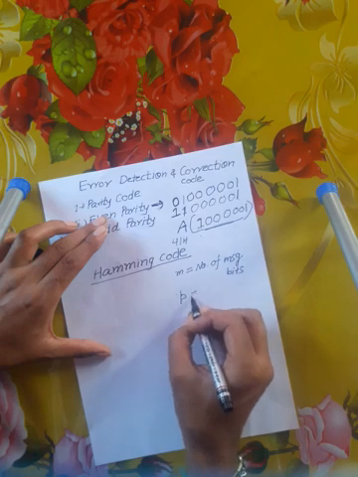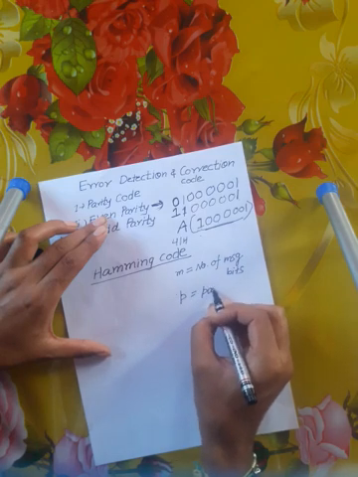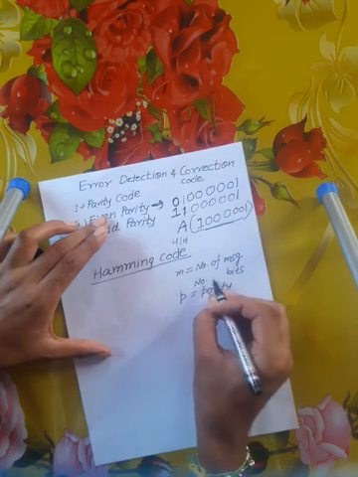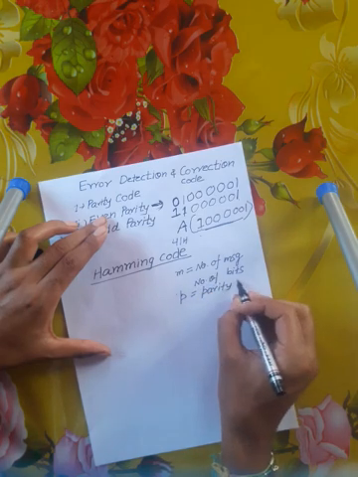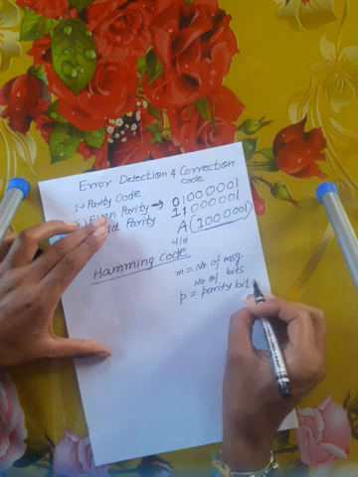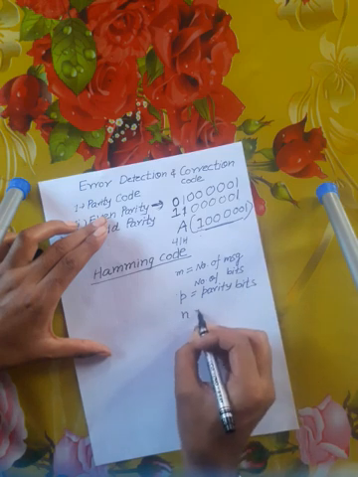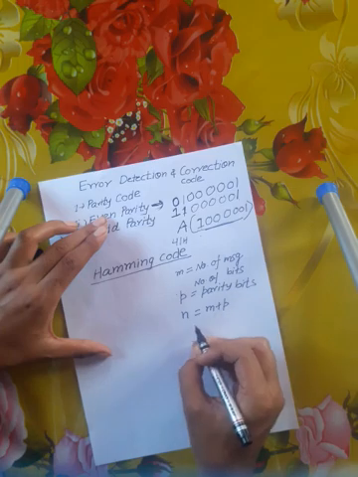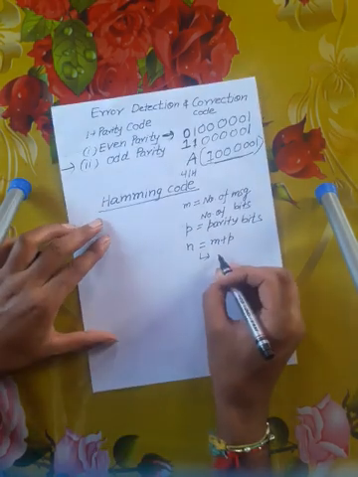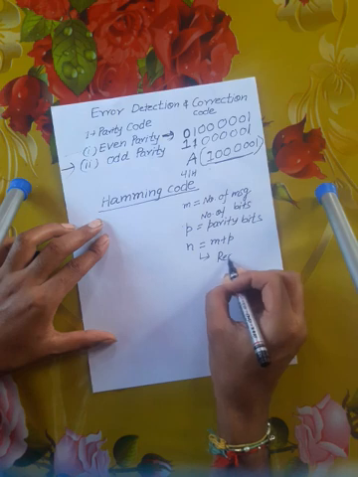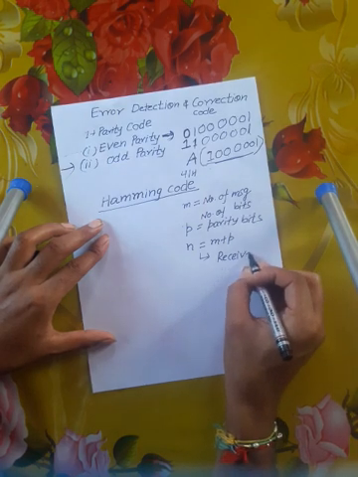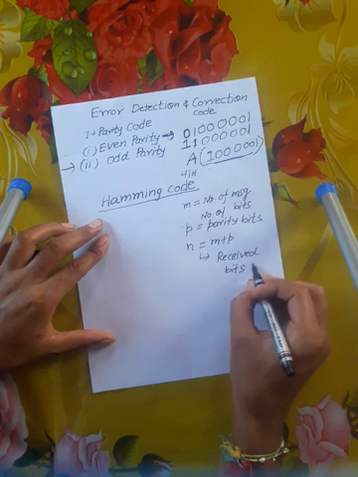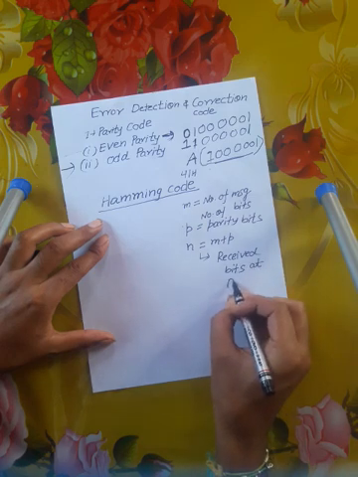P is the number of parity bits, and N is always equal to M plus P. N is the received bits at the receiver end.